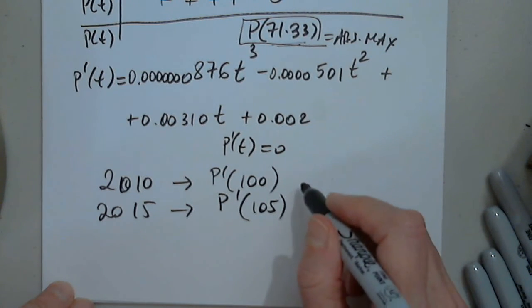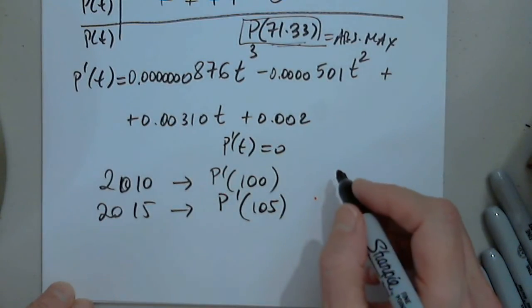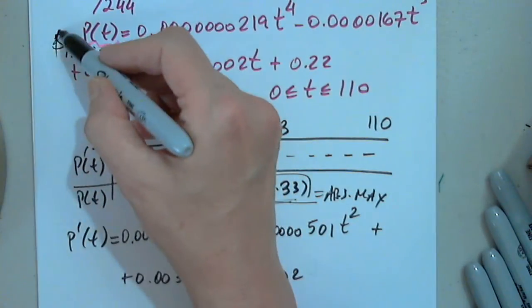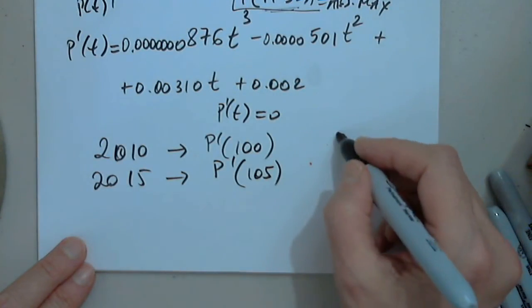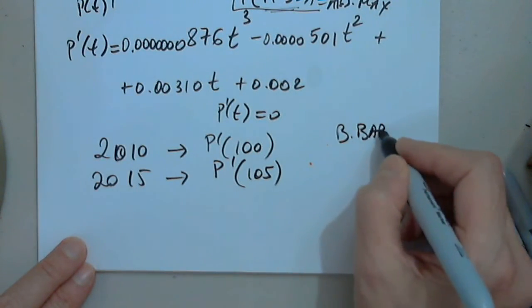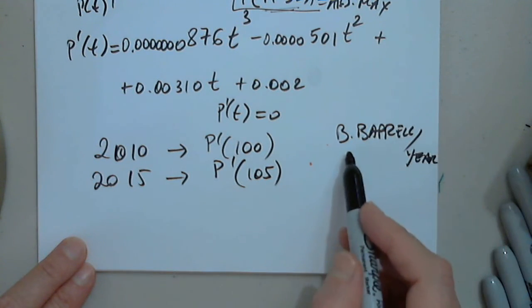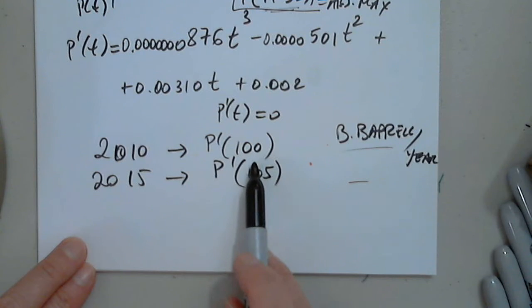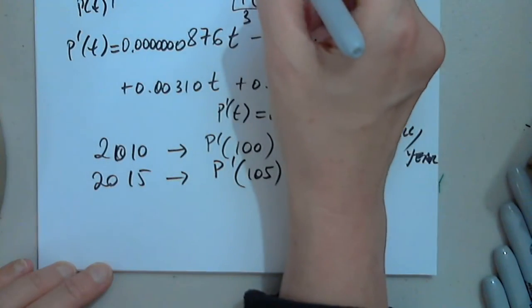And the measurement unit will have to be, so this is not in dollars, sorry. This is billions of barrels. So billions of barrels per year is going to be the measurement unit for these two. And that's all you need to do.